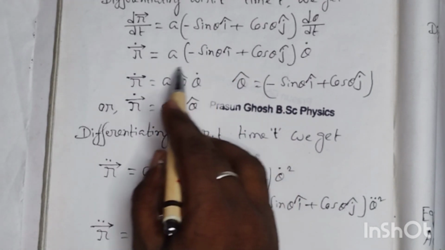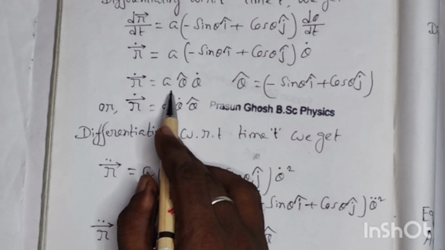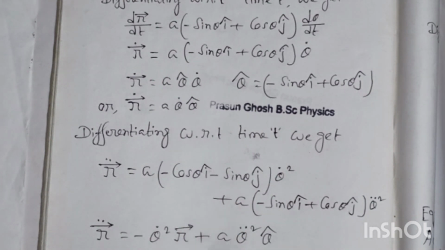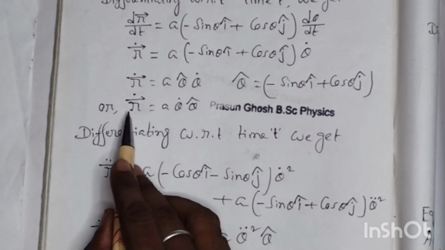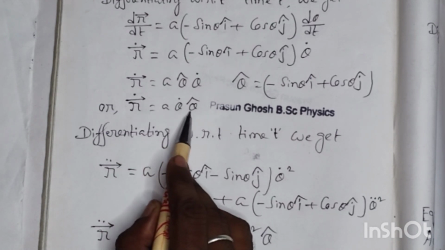Putting the value of theta cap, r vector dot equals a theta dot theta cap.